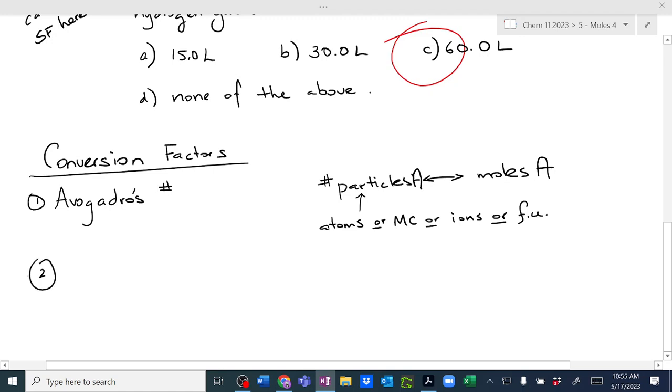A second conversion factor: particle ratio.